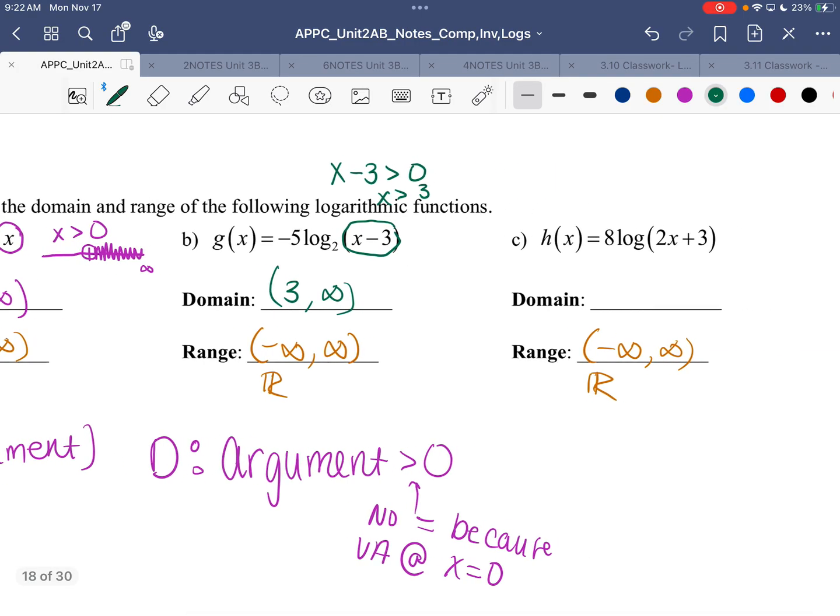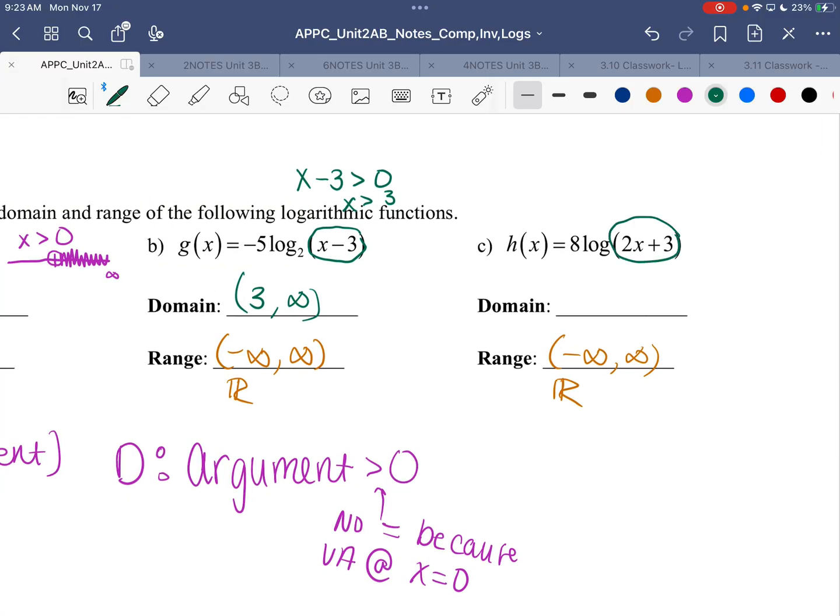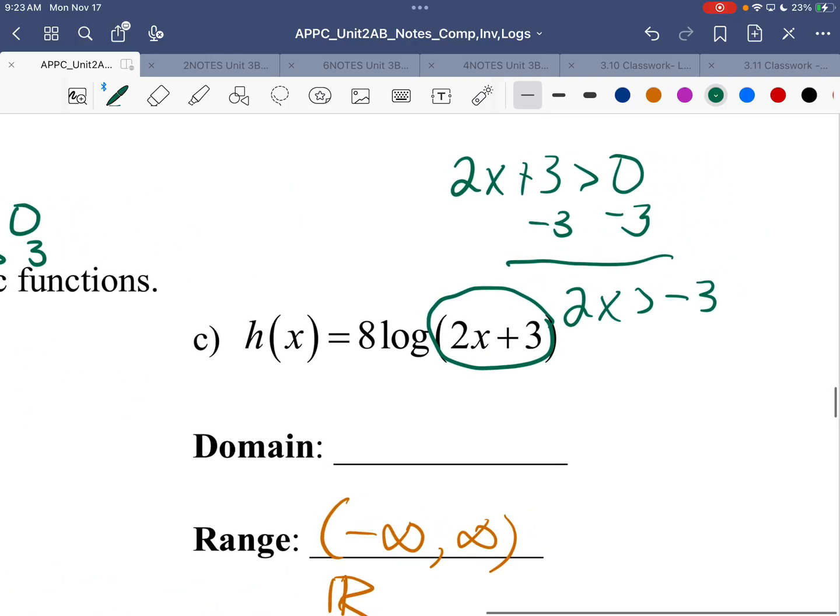All right, C is a little bit more complicated. You have to subtract and divide. We have an inequality and there's a negative here.